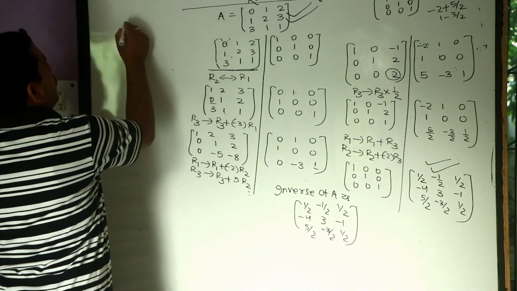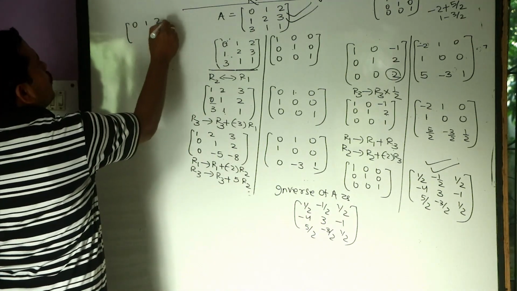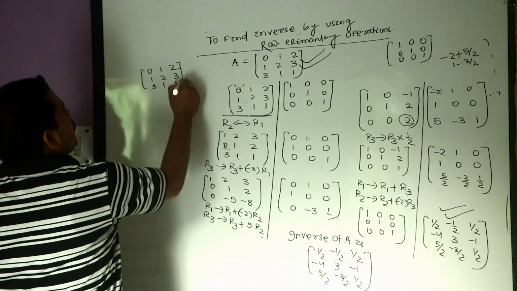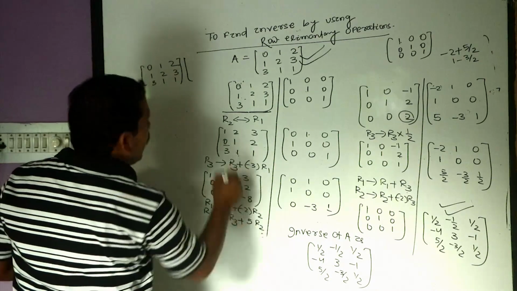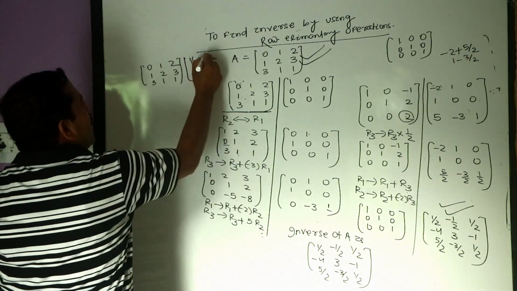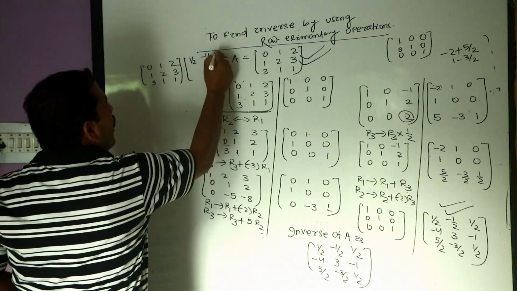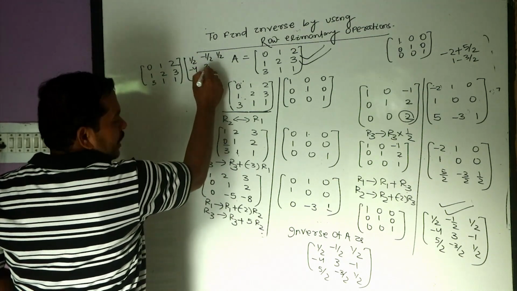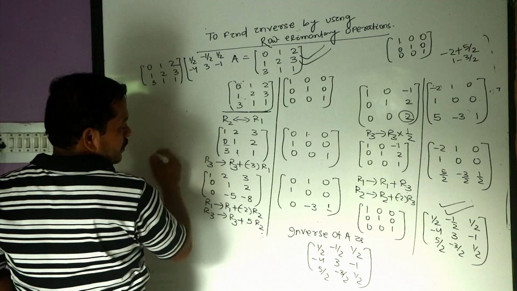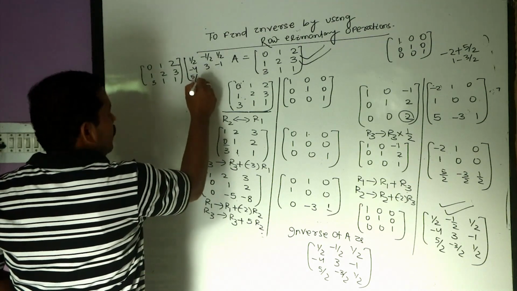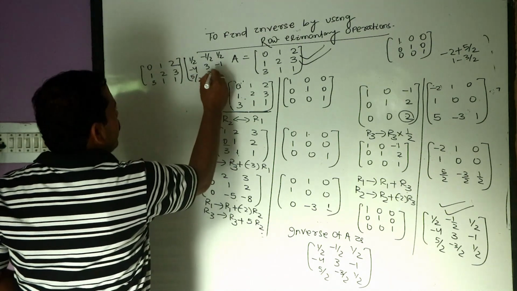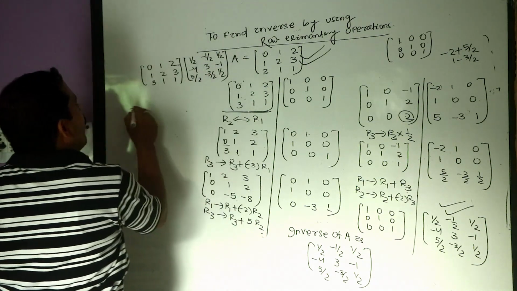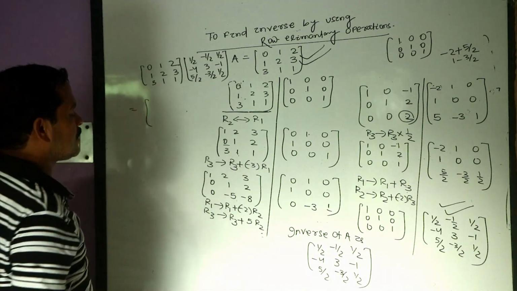Now we verify 0 1 2, 1 2 3, 3 1 1 with half, minus half, half, minus 4, 3, minus 1, 5 by 2, minus 3 by 2, 1 by 2. Now we multiply these two matrices.